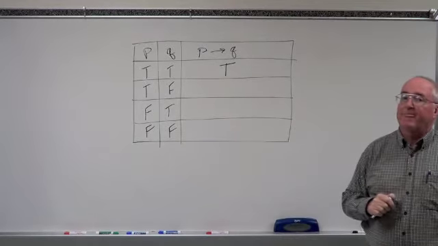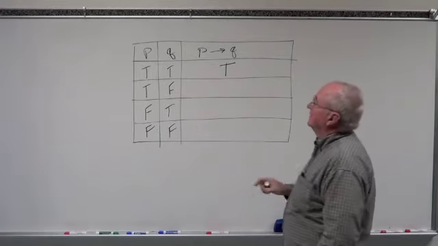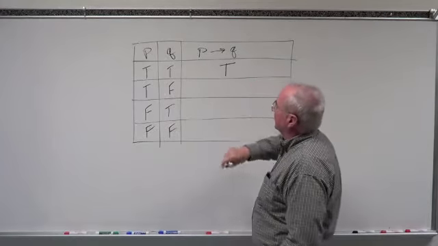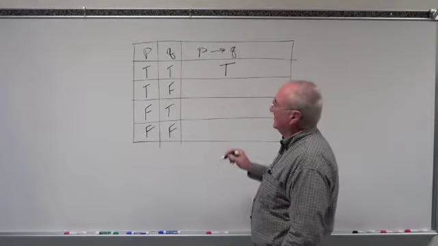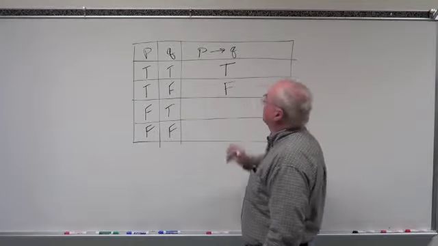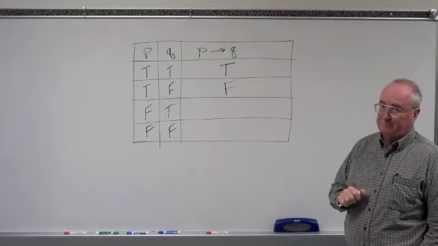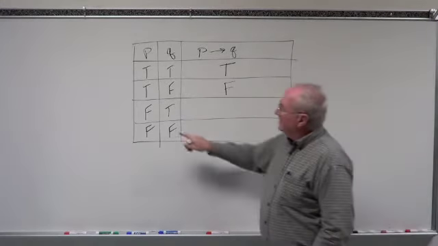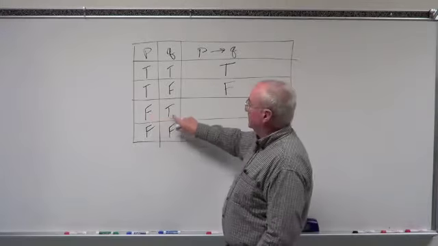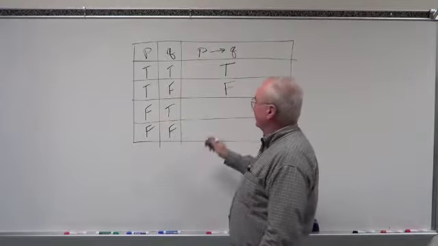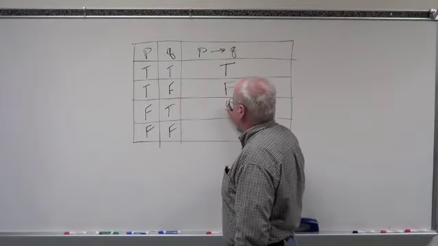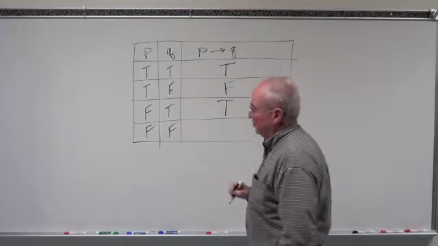Okay? If the hypothesis is true and the conclusion is false, then the conditional statement will be false. If the hypothesis is false, but the conclusion is true, then the conditional statement will be true.